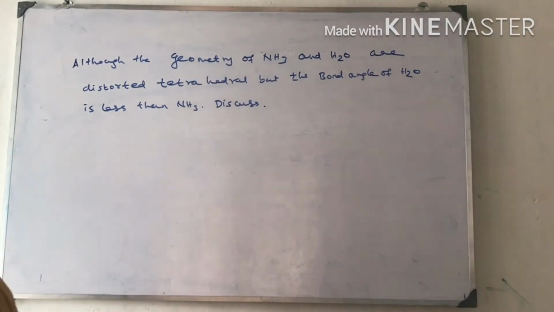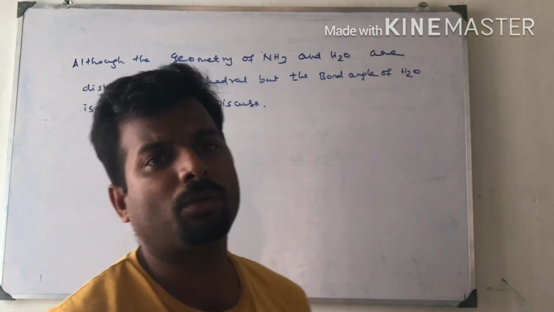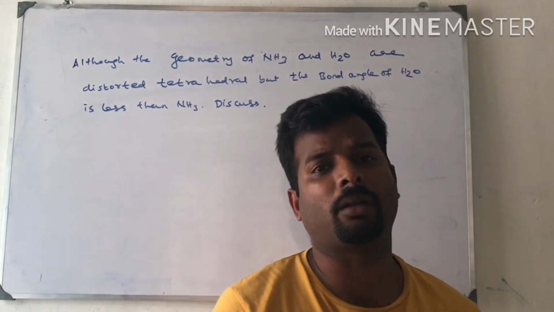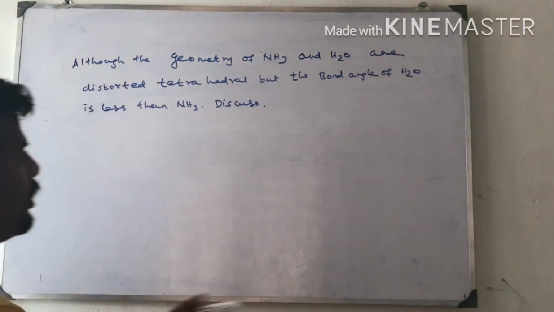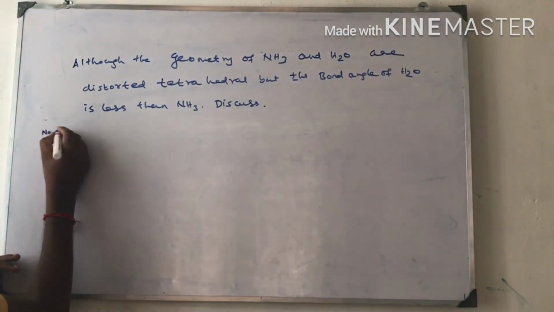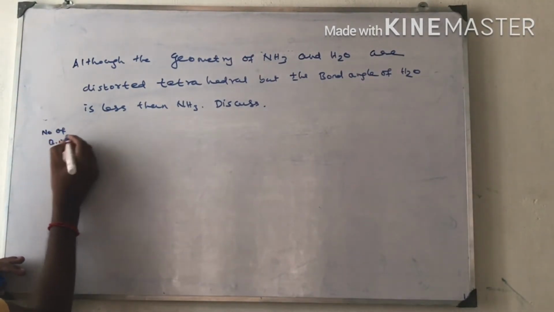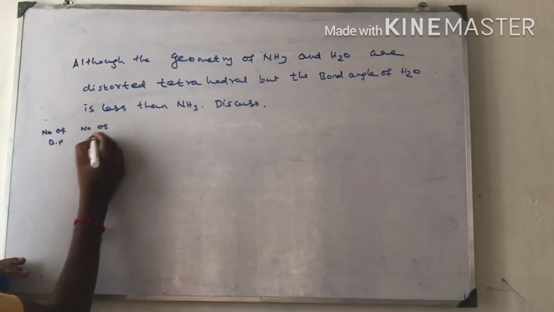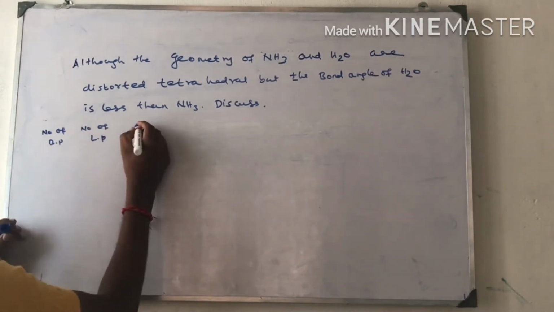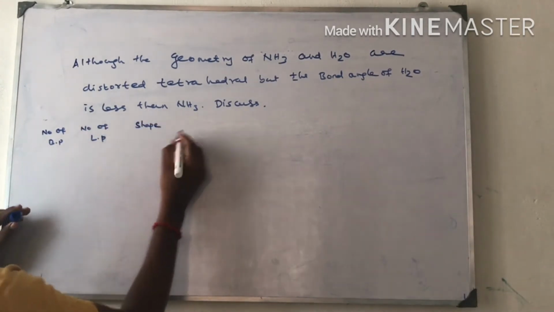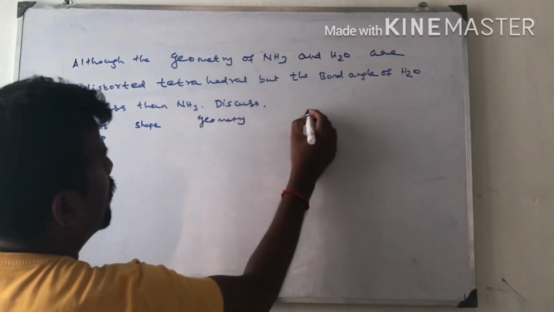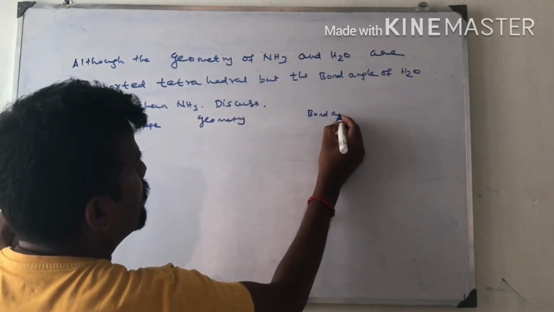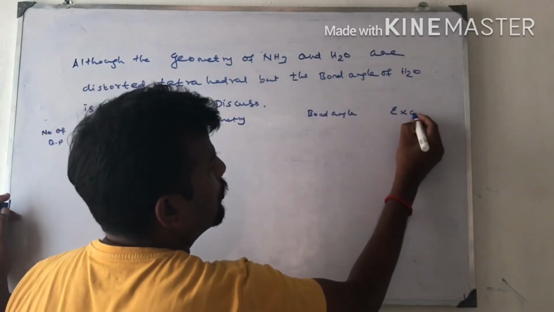Okay, dear children, now we are going to use the valence shell electron pair repulsion theory to explain this question. Now the number of bond pair, number of lone pair, shape, geometry, bond angle, example.